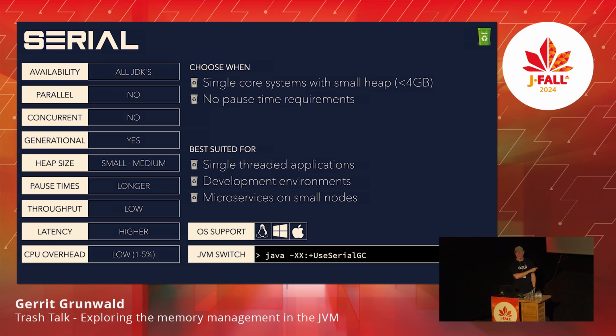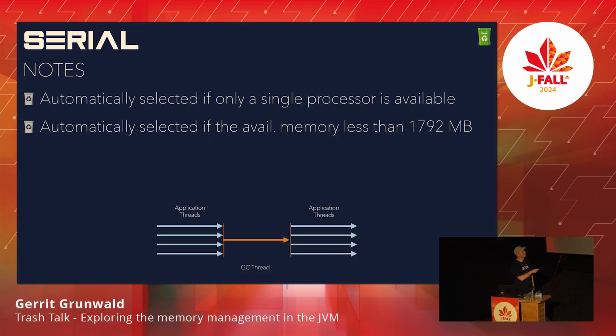One thing that will happen if you don't specify the garbage collector, if the JVM decides that you either have just one CPU or you have less than 1.8 gigabytes, it will select this garbage collector for you. So that means you don't get the default, right?